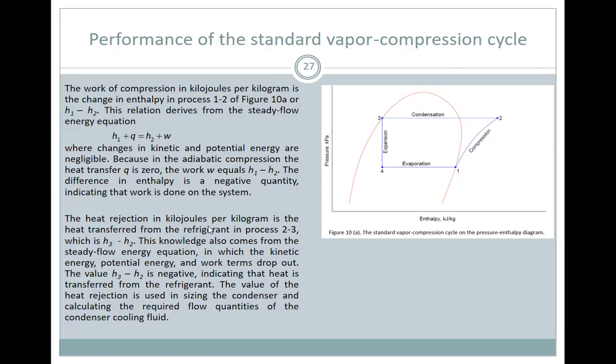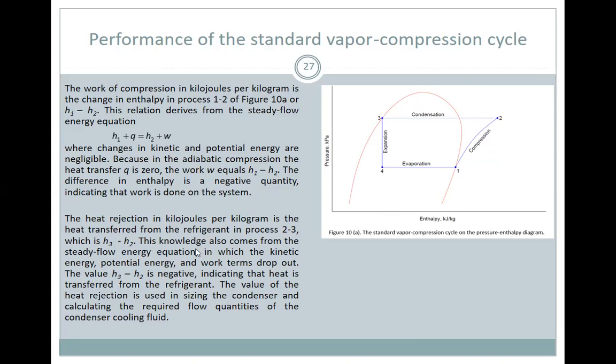The heat rejection in kilojoules per kilogram is the heat transfer from the refrigerant in process 2 to 3. From the refrigerant palabas. Mababa kasi yung temperature sa outdoor. Diba? The heat transfers from higher energy to lower energy, which is h3 minus h2.